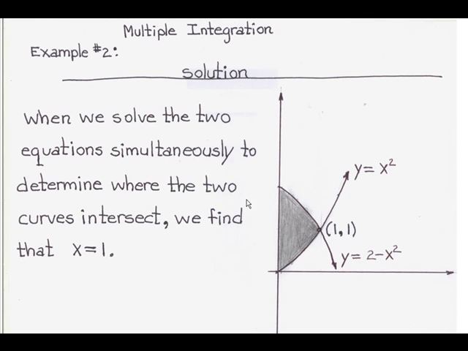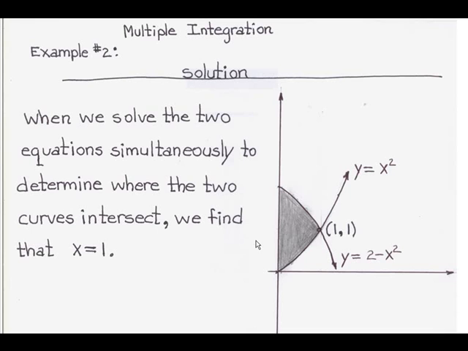You will also notice, if you went over example 1, that this region fits a type 1 problem, where the region is bounded by an upper function and a lower function, and the x values are bounded by specific numbers. X in this case is greater than or equal to 0, less than or equal to 1.